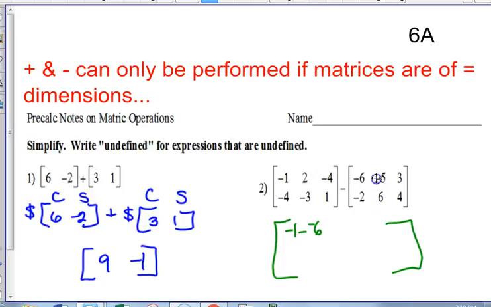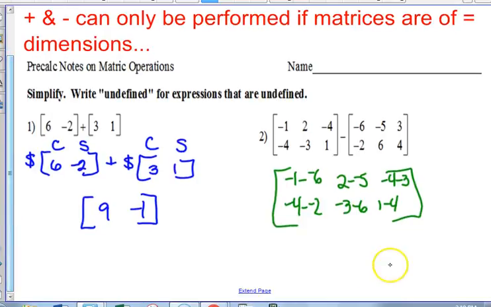Okay. Then you'd have 2 minus -5. Then you'd have -4 minus 3. The next row would be -4 minus -2, -3 minus 6, and 1 minus 4. Anybody simplify those horrible double negatives?